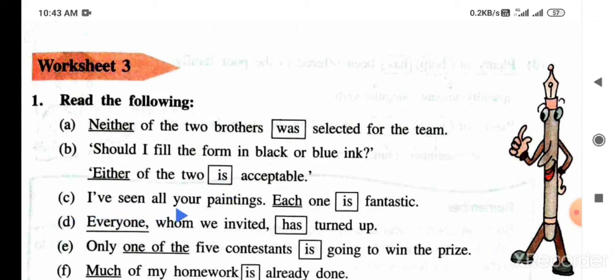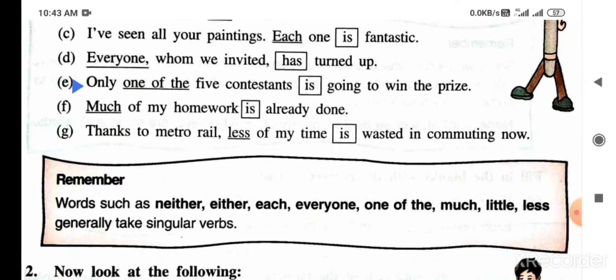I have seen all your paintings, each one is fantastic. Now you see everyone whom we invited has turned up. Only one of the 5 contestants is going to win the prize. Much of my homework is already done.